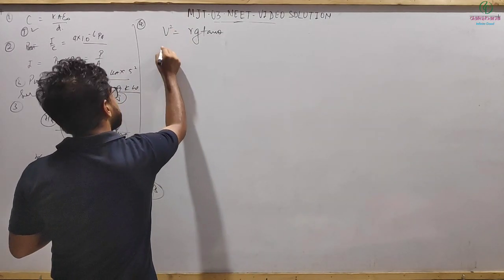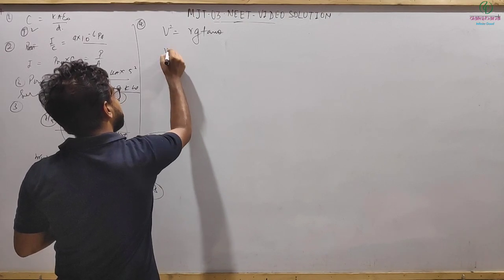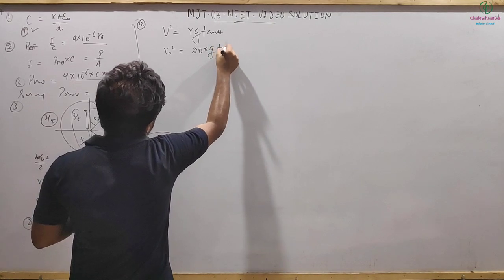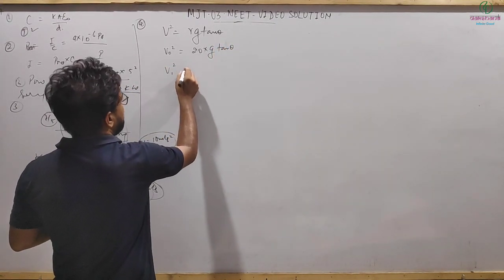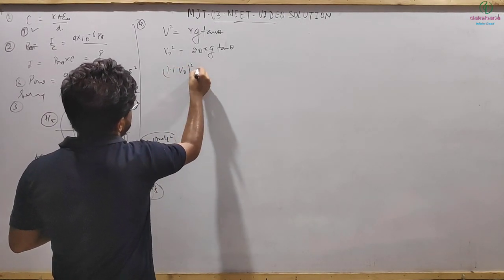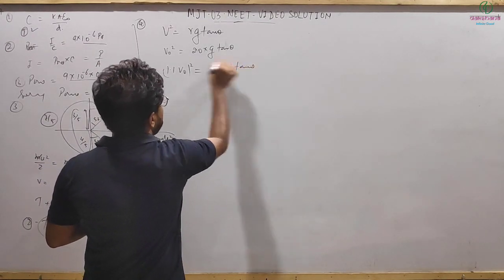Initially, let's say the speed is V naught, so V naught square is equal to R 20 into g into tan theta. Theta is remaining constant. Next, V prime square, that speed is 1.1 V naught because it is increasing by 10%. This is R prime into g into tan theta.